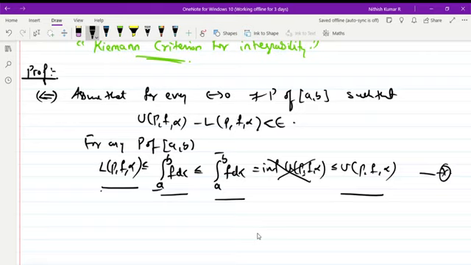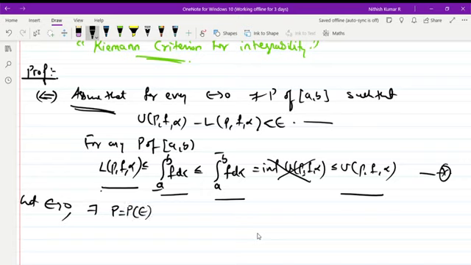Now for any epsilon greater than 0, by assumption, there exists a partition P such that U(P, f, alpha) minus L(P, f, alpha) is less than epsilon. This partition exists with respect to this epsilon, so we name it P of epsilon.